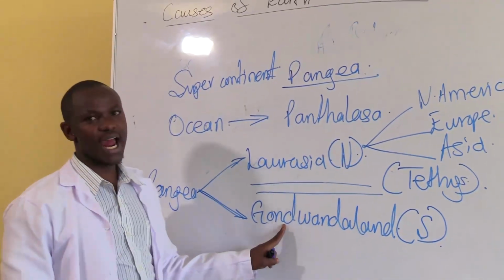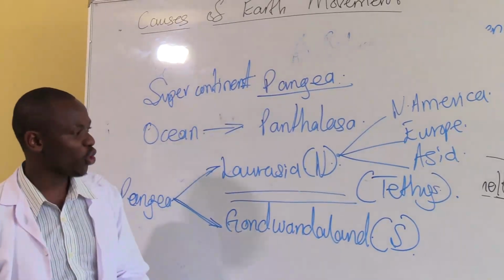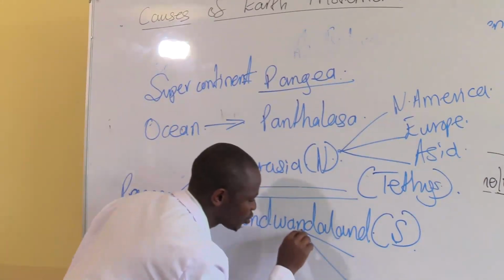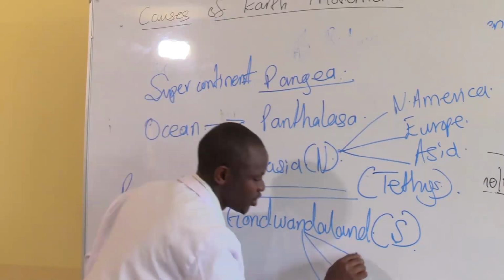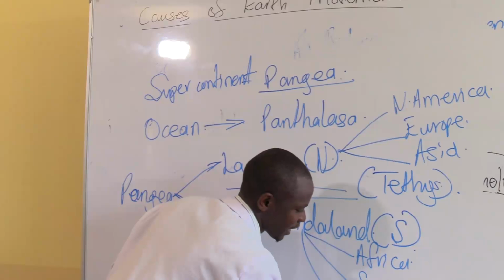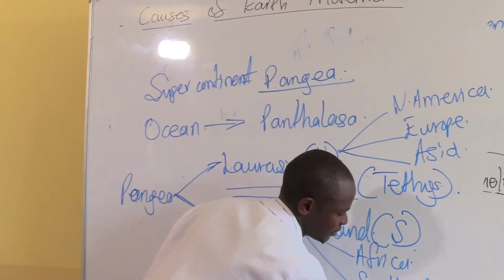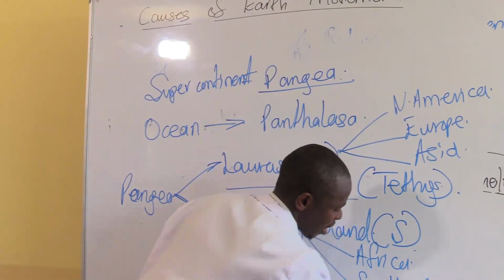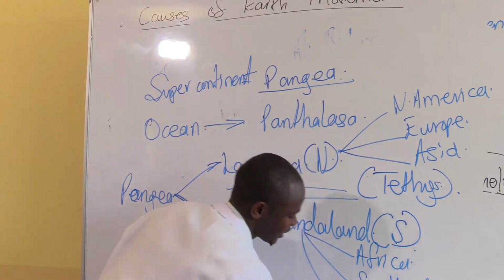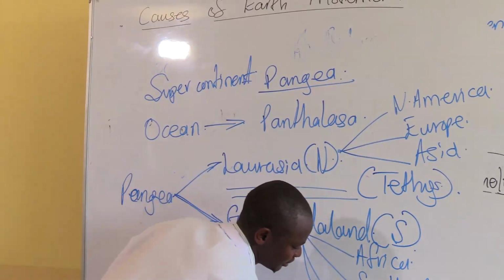While Gondwanaland, the one which drifted towards the south, also split again into the southern continents, which are Africa, South America, Australia, and Antarctica.